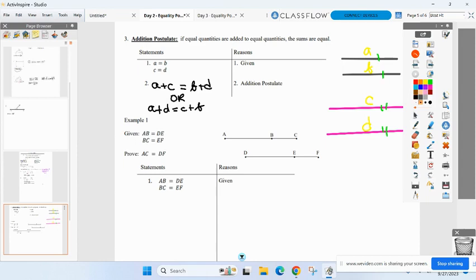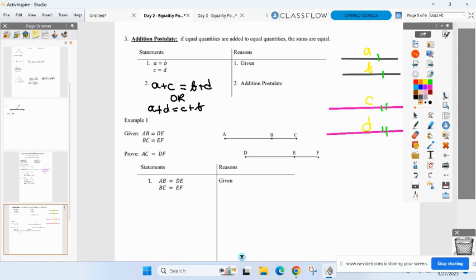All right, before we move on, at any time this year, if you respond and say, I want to use addition postulate, I will respond with the following question: How many pairs of equals do you have? You are not allowed to use the addition postulate unless you have two pairs of equal quantities.